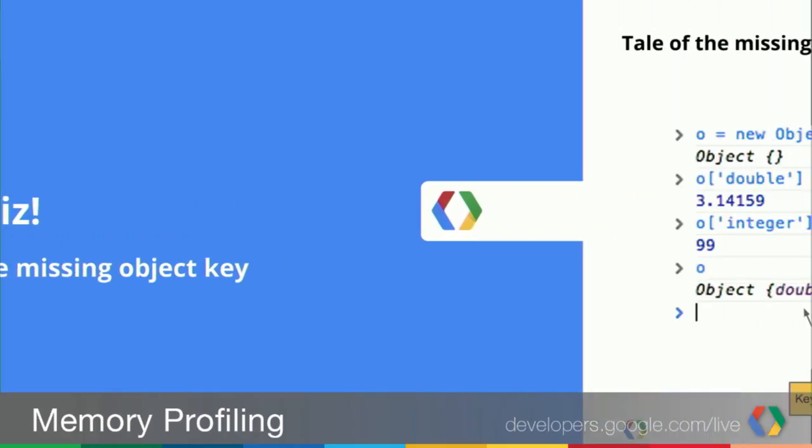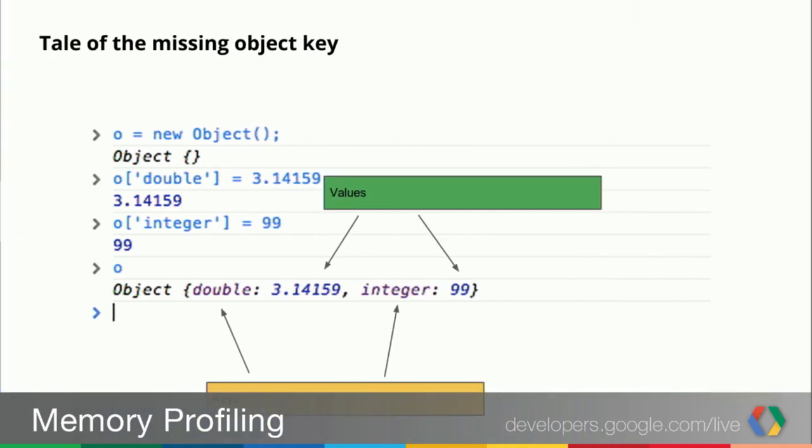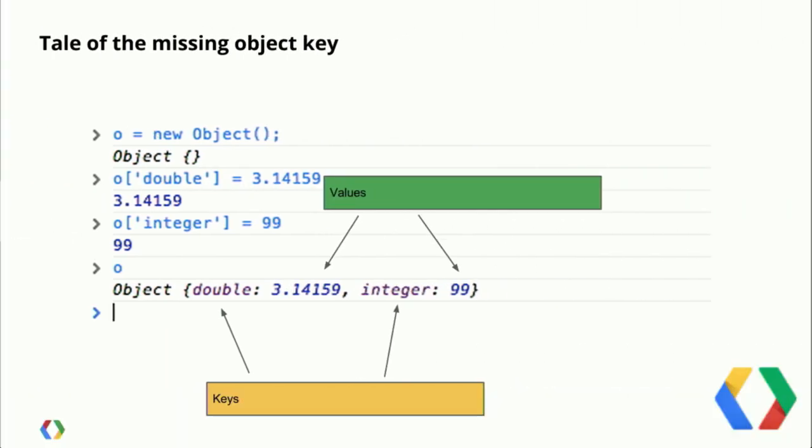So here's a little quiz, the tale of the missing object key. If we look at the source code on the slides here, you see a new object is constructed. It's empty. A key called double was added and assigned a double value. A key called integer was added and assigned an integer value. And then when you look at the object, you can see the keys double and integer are there, and the 2 values are there.